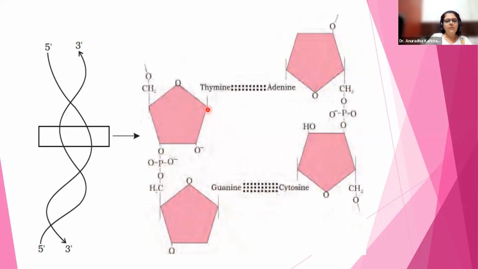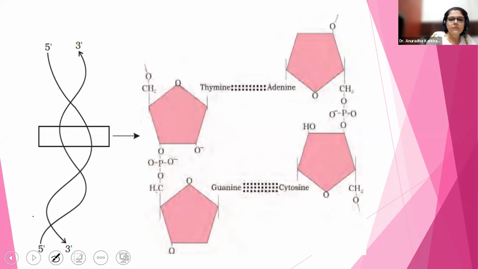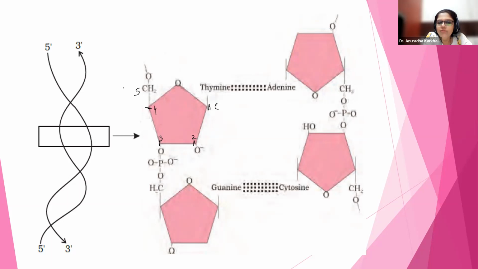Here is your first carbon, here you have the second carbon, here the third carbon, here the fourth carbon, and this is the fifth carbon. So 1, 2, 3, 4, 5: five carbons are present at the five corners.